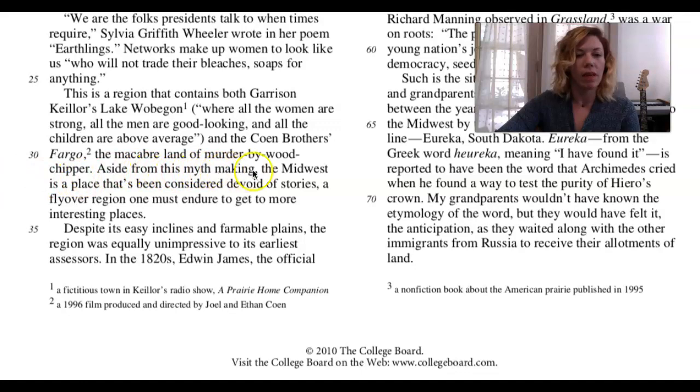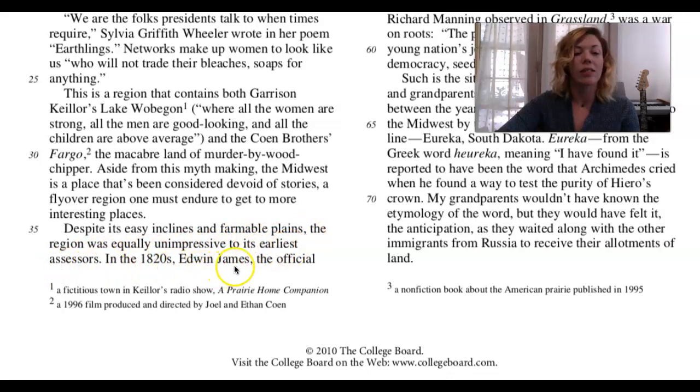Aside from this myth-making, the Midwest is a place that's been considered devoid of stories, a flyover region one must endure to get to more interesting places. Despite its easy inclines and farmable plains, the region was equally impressive to its earliest assessors.